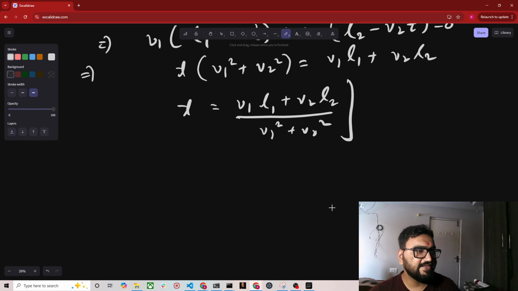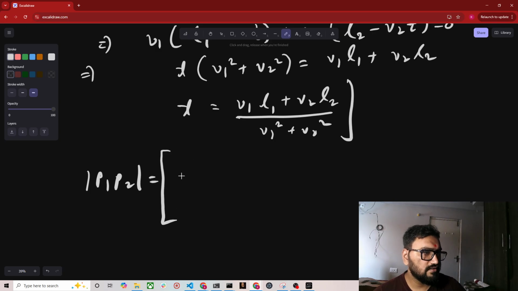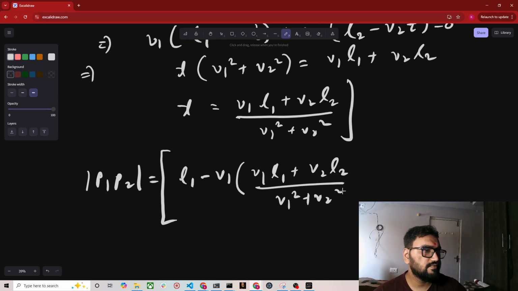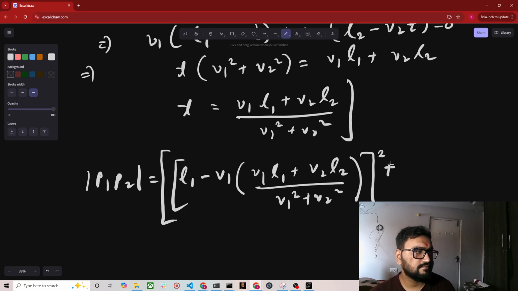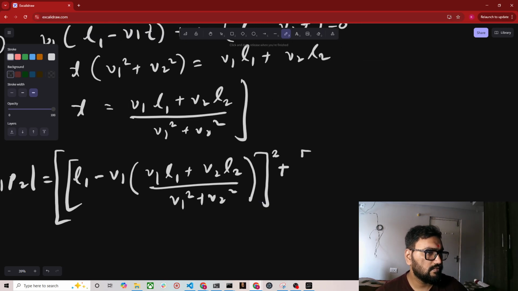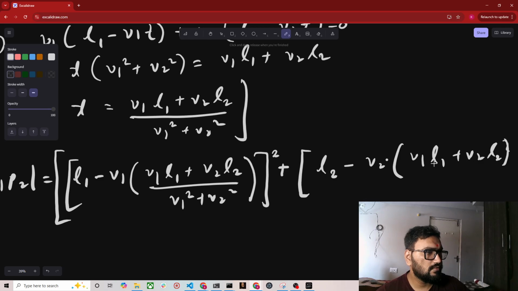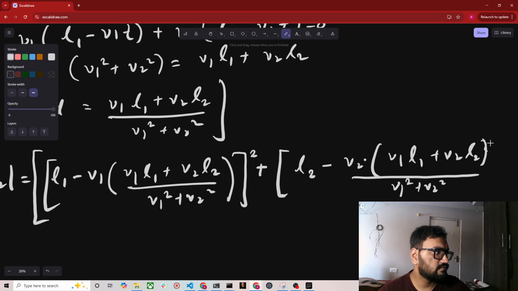So if I put in the value of t in that expression, I'll get mod of P1P2 as root over (L1 minus V1 into (V1 L1 plus V2 L2) divided by (V1 square plus V2 square)) whole square, plus (L2 minus V2 into the same time t, V2 into (V1 L1 plus V2 L2) divided by (V1 square plus V2 square)) square, and this entire thing to the power 1 by 2.